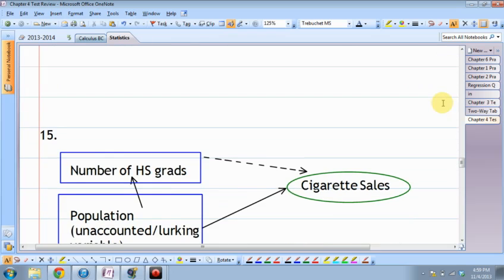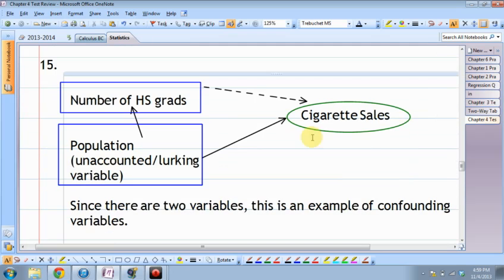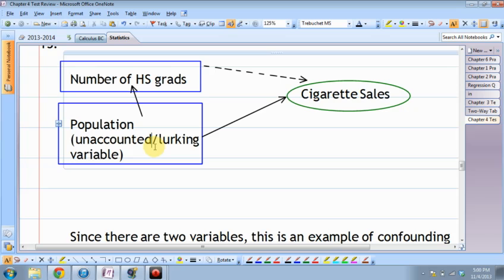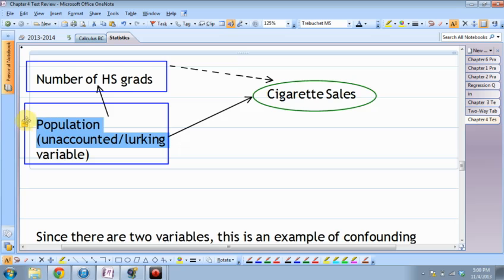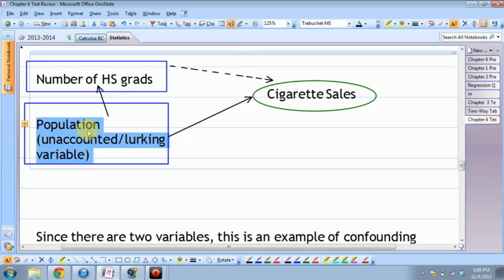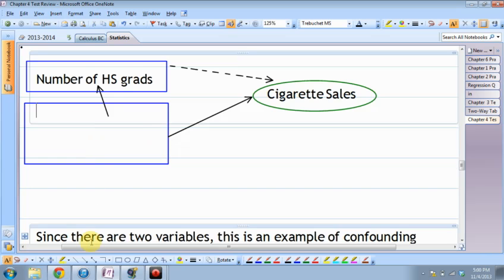Okay, and I think what happened here is we made a boo-boo. When I say we, I mean me. I put the wrong chart up there. So really, let's see.